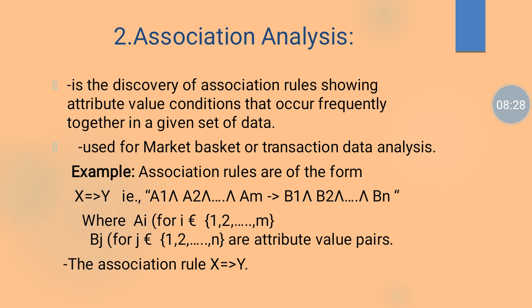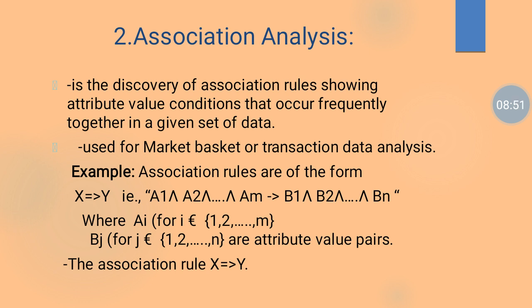What do you mean by that? Y has the variable B and it has 1 to N items, where Ai for i belonging to 1, 2, 3 up to M, and Bj for j belonging to 1, 2 up to N are the attribute value pairs. These are the pairs of items.